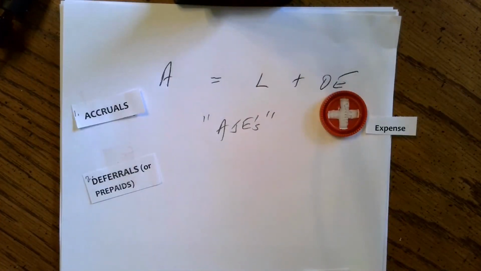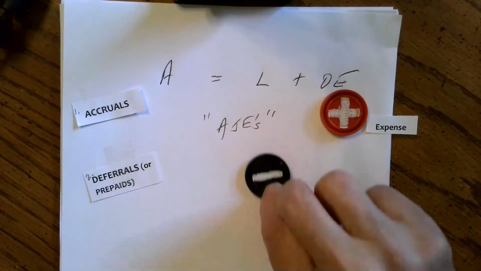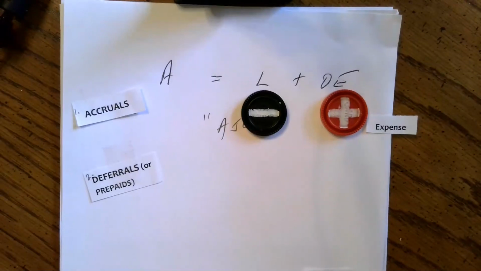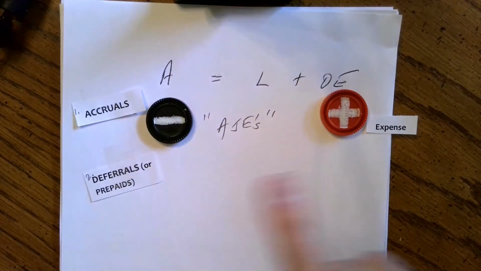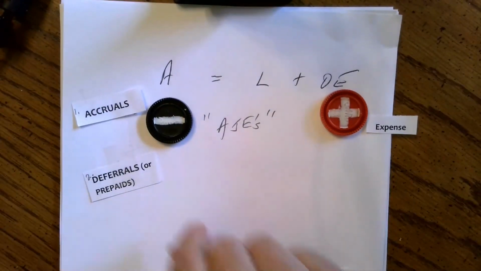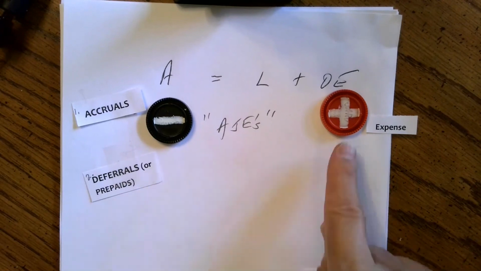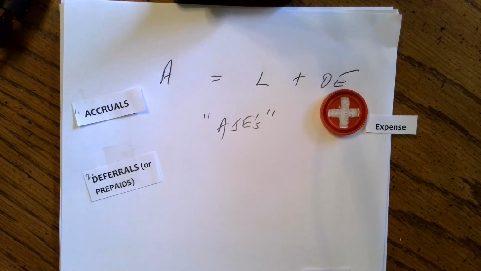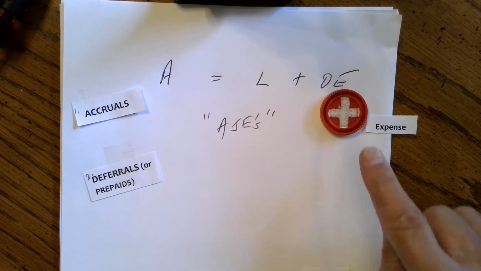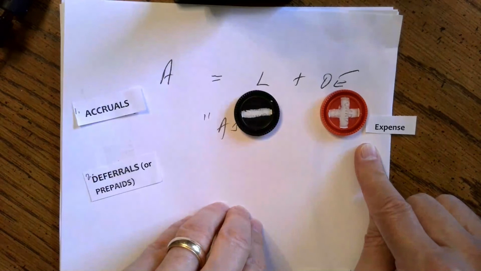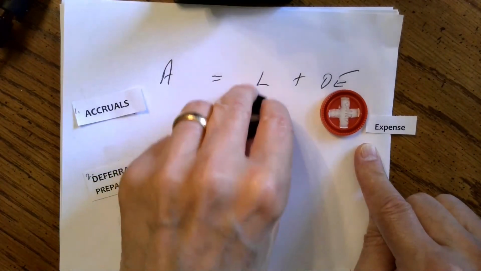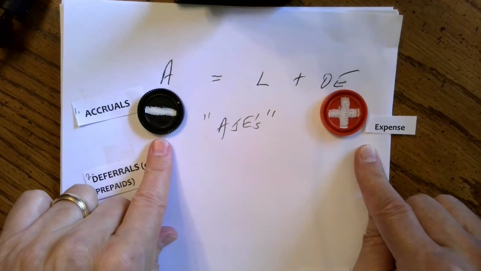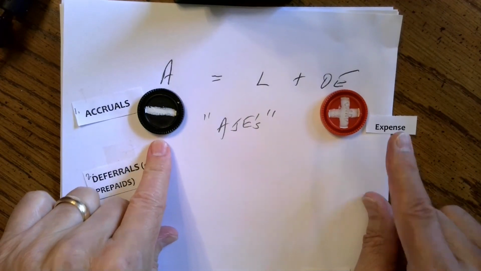Accrued expenses are either booked by creating a current liability account or by decreasing an asset account and expensing. Accrued expenses are created by debiting an expense account and creating a current liability, accrued expense, or reducing a prepaid asset account, such as prepaid insurance, and debiting expense.